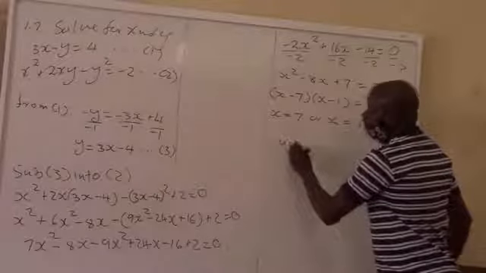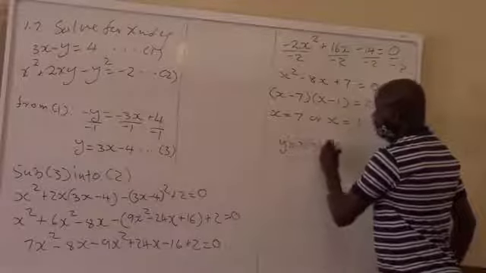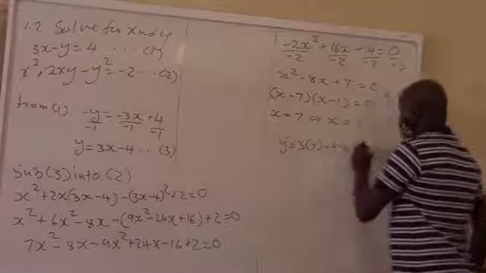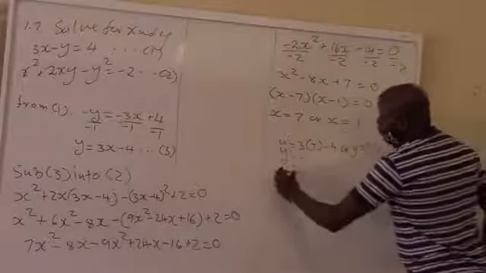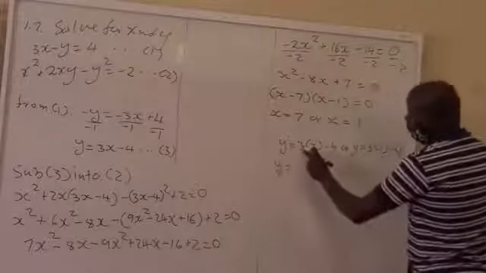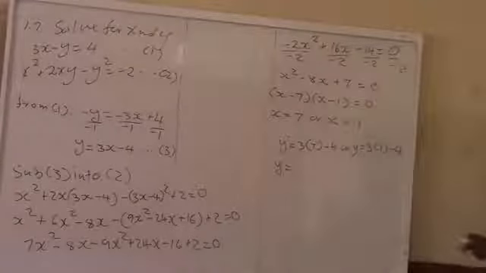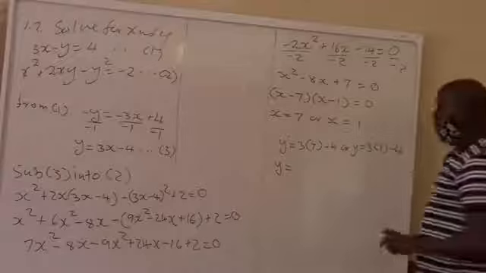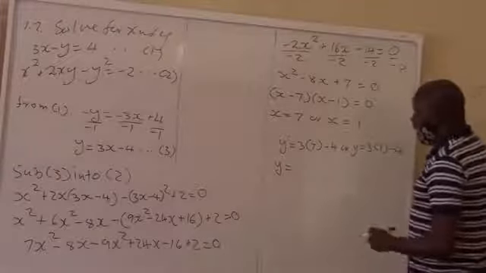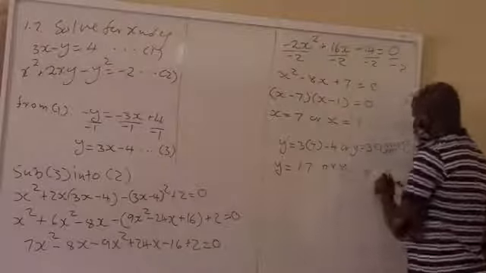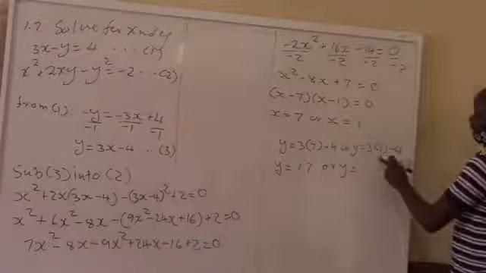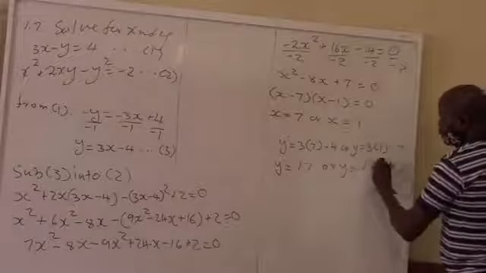So it's y is equal to 3 into 7 minus 4, or y is equal to 3 into 1 minus 4. Where we have y is equal to 3 times 7 is 21, and then 21 minus 4 is 17, or y is equal to 3 times 1 is 3, 3 minus 4 is negative 1.